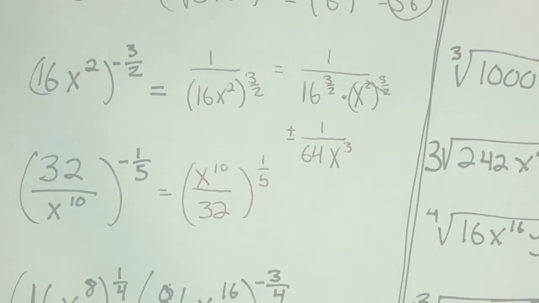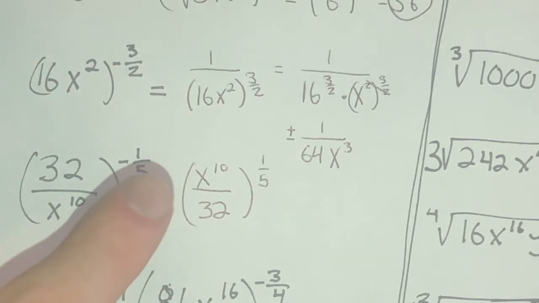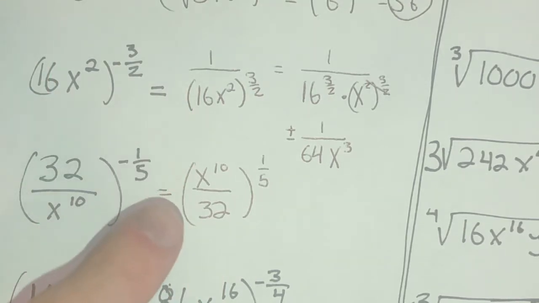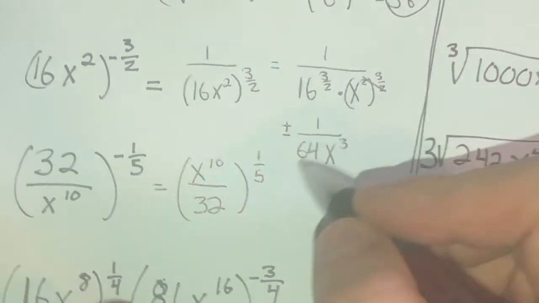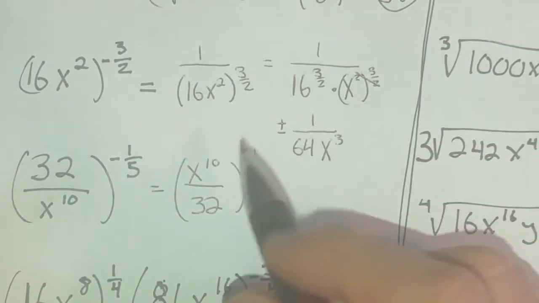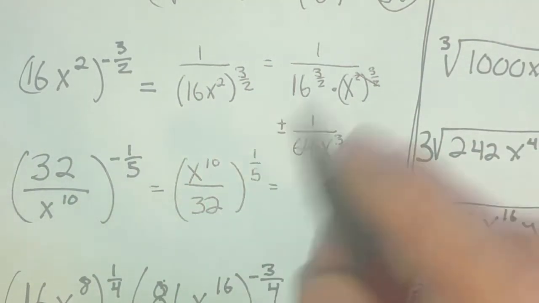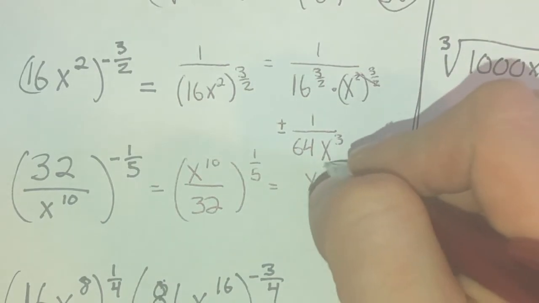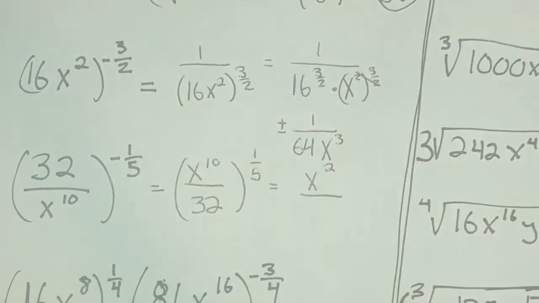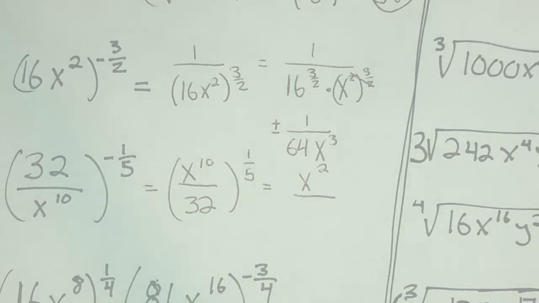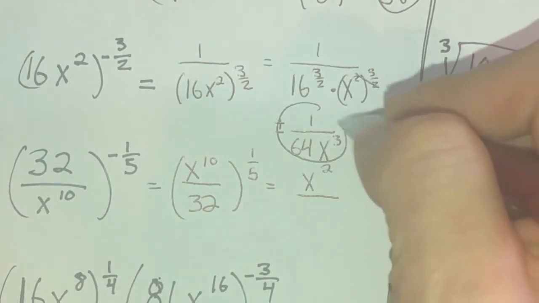All right, now it's a quotient. So I'm going to do the power on the numerator and then the denominator, all right? So look, x to the 10th to the 1/5. We multiply the exponents. That becomes x squared. This is a fifth root, so it's going to have a unique solution there. I just circled this so we know this is different.